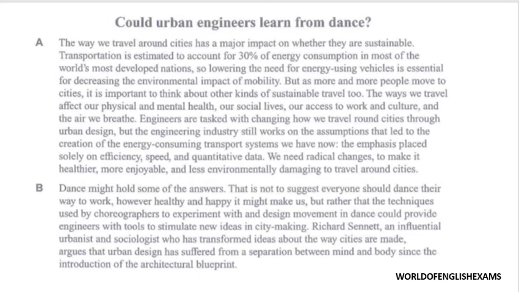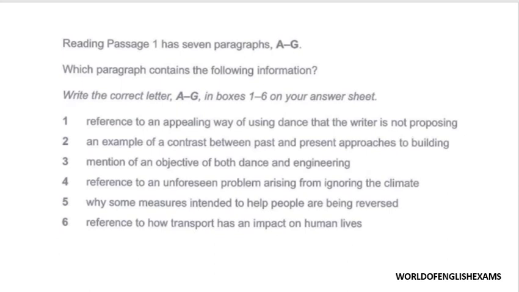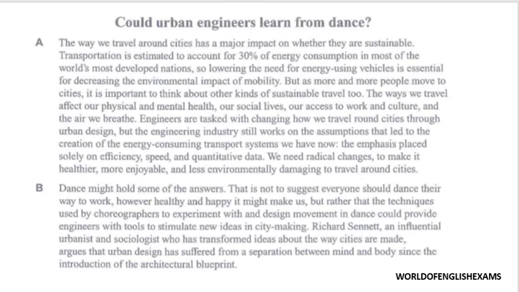Now let's go back to the questions. Which statement mentions transport? Obviously, it is the sixth one, reference to how transport has an impact on human lives. You got the answer in the first sentence itself, but just to confirm, we would like to look at the words that are related to transport. Let us search if we can get any more related words.